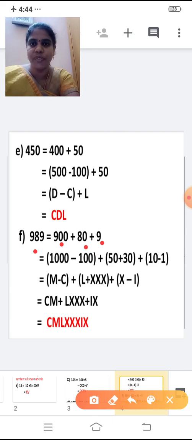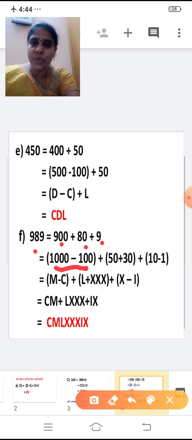How to write the Roman numeral for 900? Because we know the Roman numeral for 100 and 1000, right? So shall we write like this? 900, 1000 minus 100. 1000 minus 100 is 900, right? So the values which we are familiar with, we can do like this. So 900 we can write as 1000 minus 100. So 900 will come.